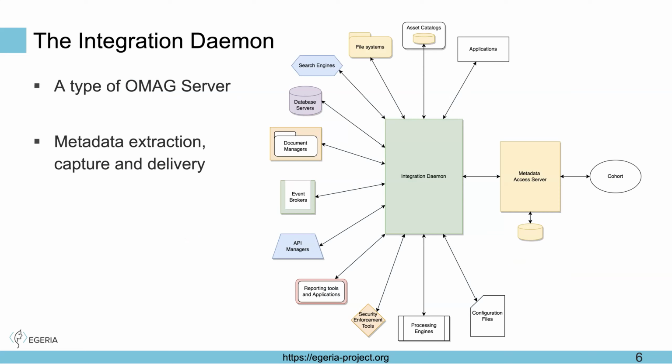So that the organization that's running Egeria is maximizing the knowledge that's being captured automatically from systems, tools, APIs, data sets, event processing systems, all different types of tools and processing engines, and even configuration files. So all of these things contain useful and interesting metadata. And so we really want to be able to capture it.